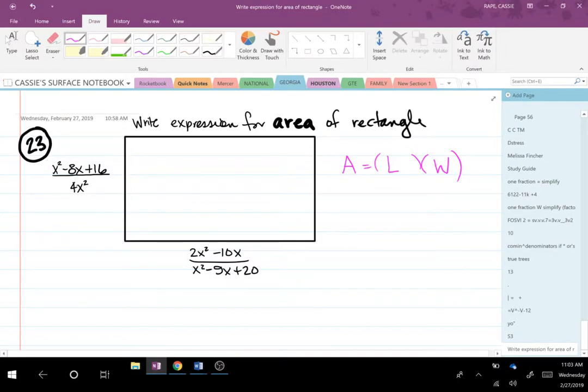If this was 10 and this was 5, you would multiply those. 5 times 10, and that would be the area. So really, structurally, this is exactly the same.